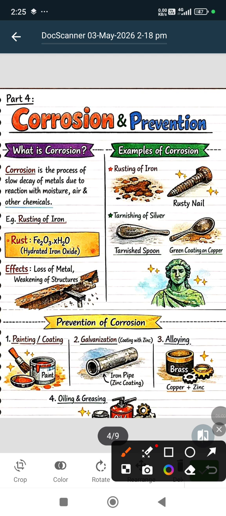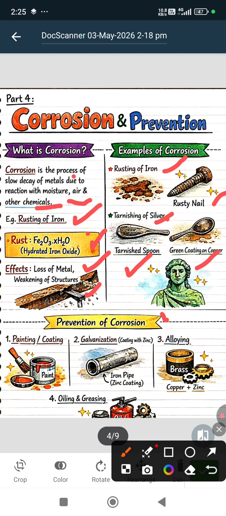Corrosion and prevention. Corrosion is the process of slow decay of metal due to reaction with moisture, air, and other chemicals, like rusting of iron. Fe2O3.xH2O, hydrated iron oxide, is the rust. Effect: there is a loss of metal, weakening of structure. Examples of corrosion: rusting of iron, rusty nail, tarnishing of silver, green coating on copper, tarnished spoon.